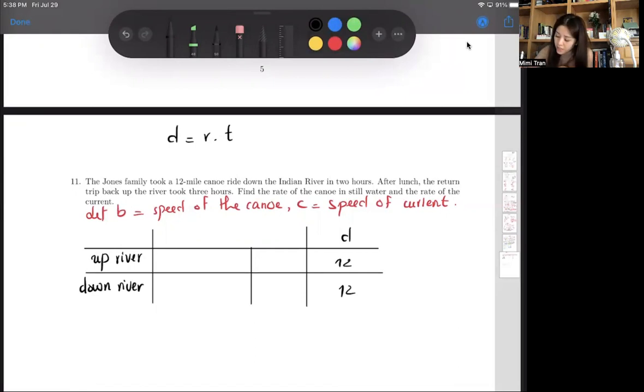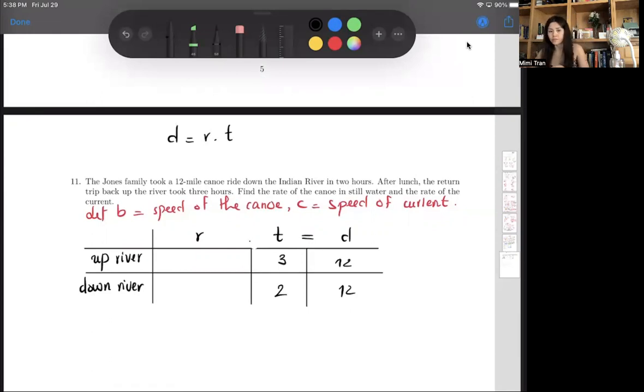So distance equals rate times time. The time for going back up the river is 3 hours, and then going down is 2 hours.